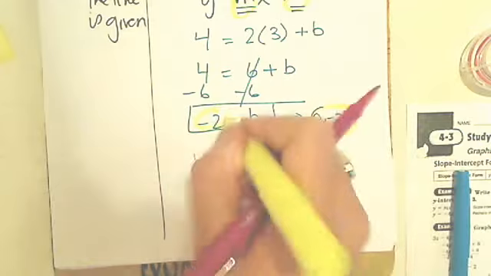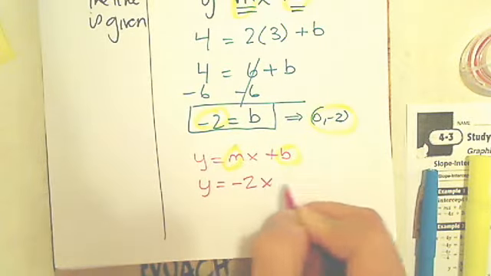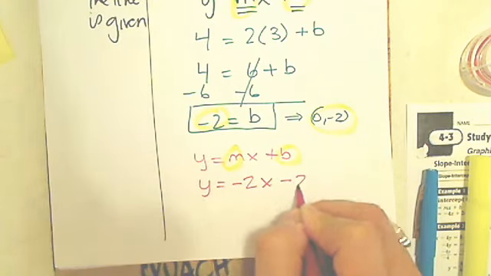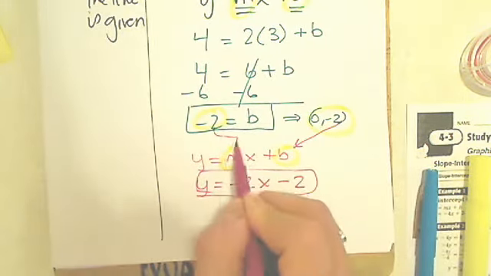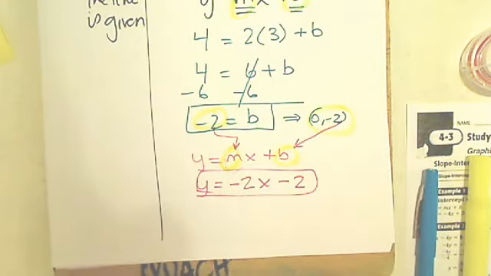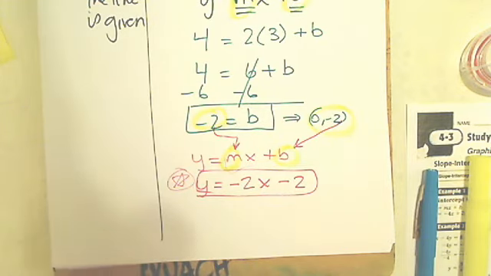What is it? y equals negative 2x minus 2. This is my equation, all done algebraically without graphing. You can easily graph it and just count the slope, up and down, easy. But if you have decimals or fractions, it won't be as easy.